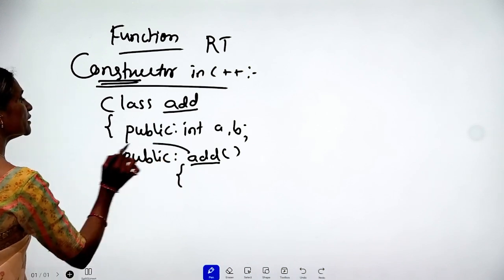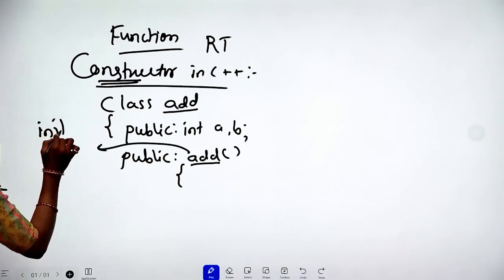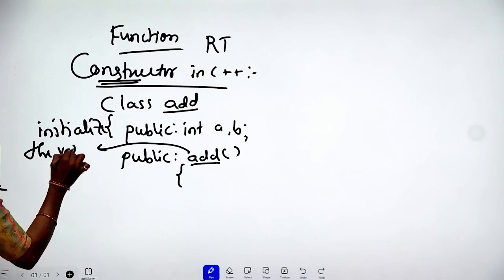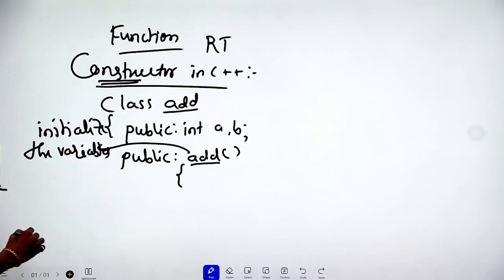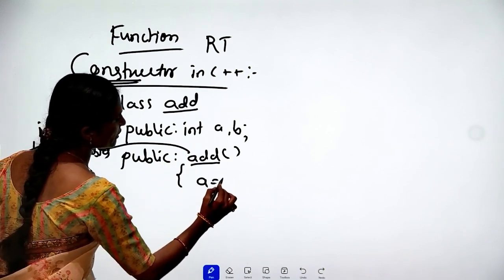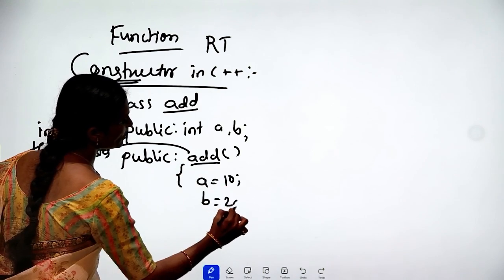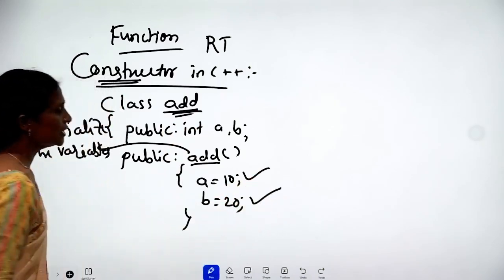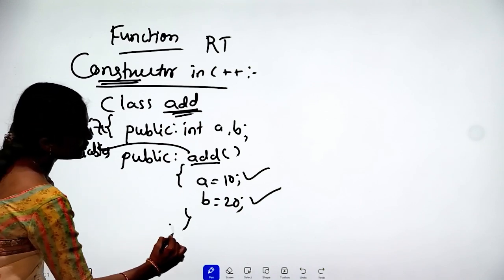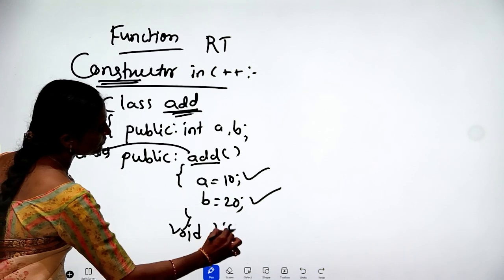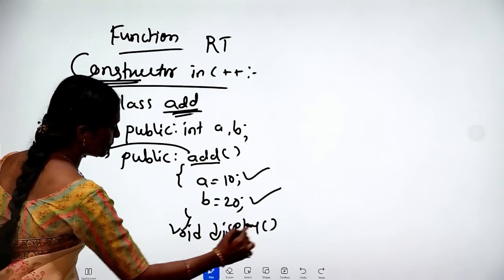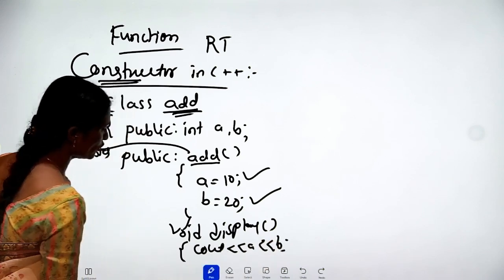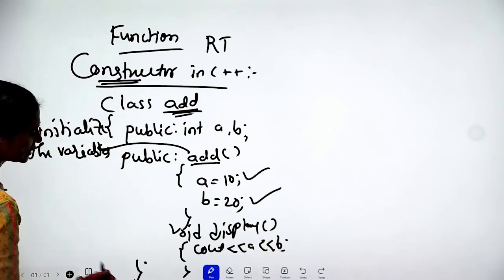One of the main uses of a constructor is to initialize the variable values. So initially A is given a value and B is given a value, and these values are initialized. Then this is the normal member function where we display the value of A and the value of B, closing the class.